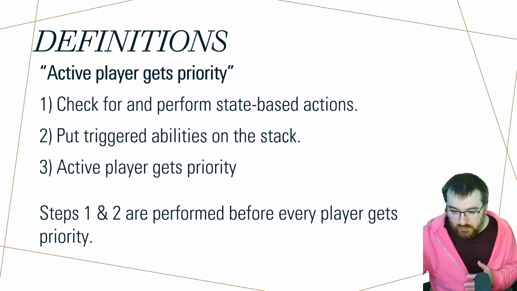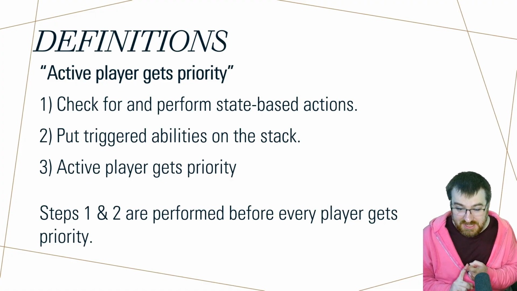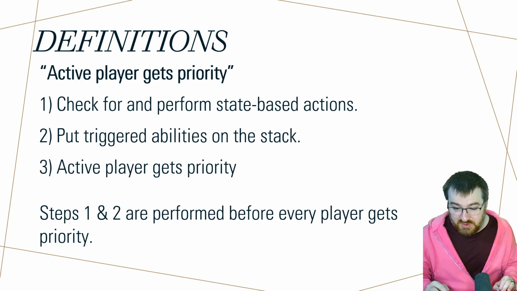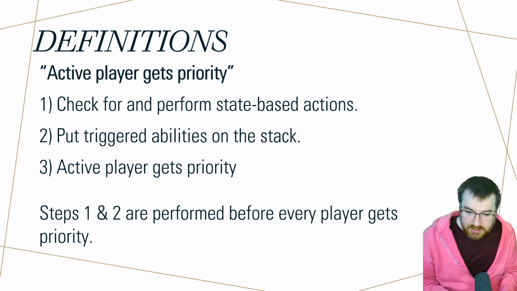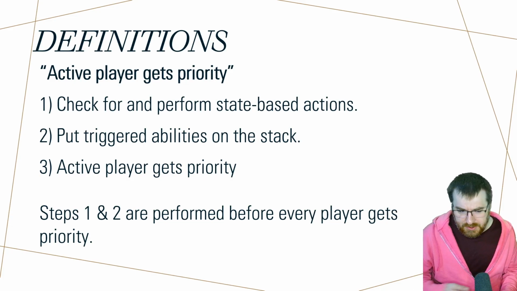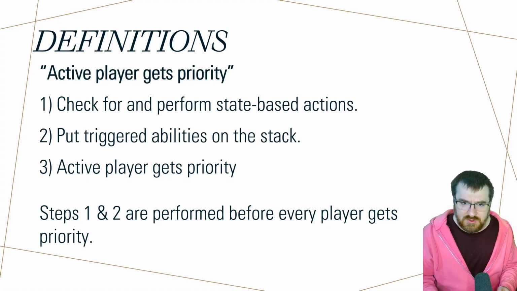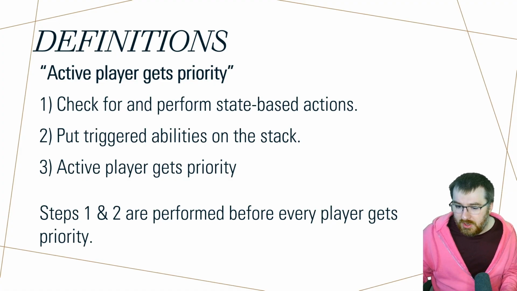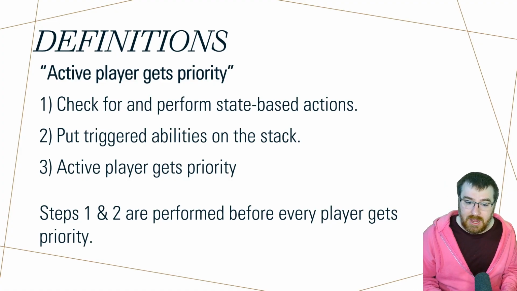Right before a player gets priority, first, we're going to check for state-based actions that need to be performed. And if there are any, all of those actions will be performed simultaneously. Say, for example, you have a bunch of creatures with +1/+1 counters on them, and an opponent puts some number of -1/-1 counters on them.